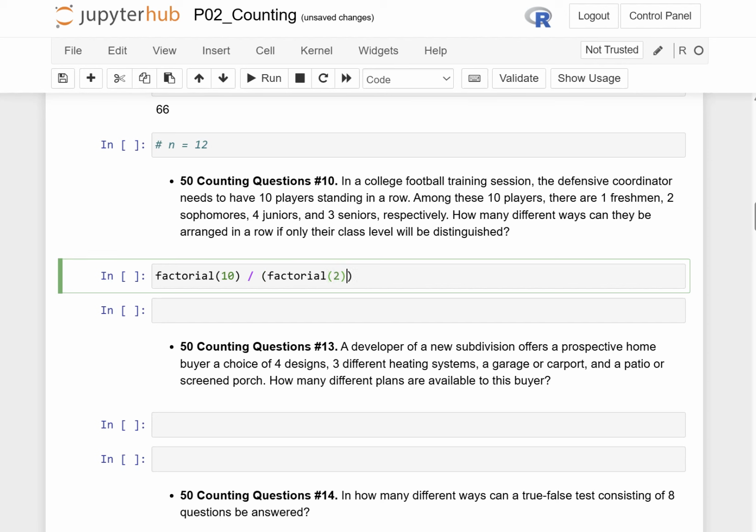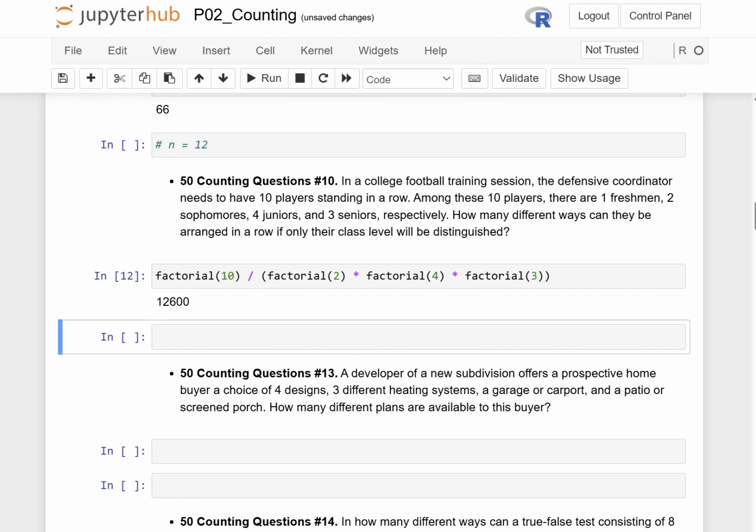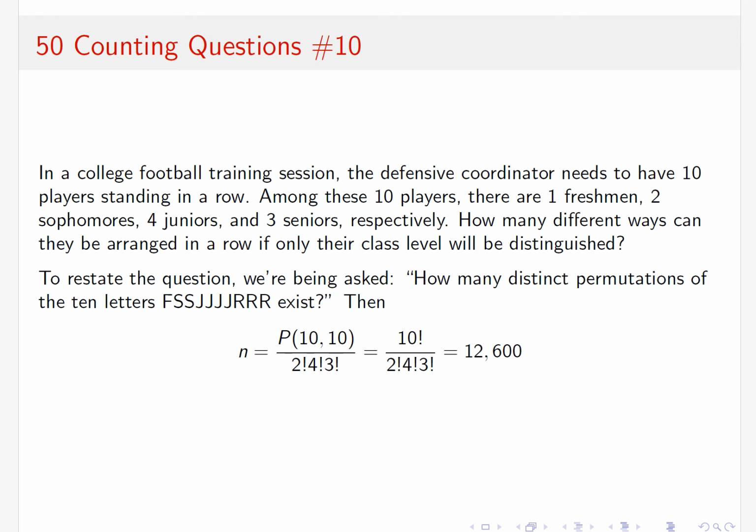We divided by a 2 factorial times a 4 factorial times 3 factorial, 12,600, which does in fact match up to what we think it should. Okay, so we're doing well here. And notice that this will come up a lot.